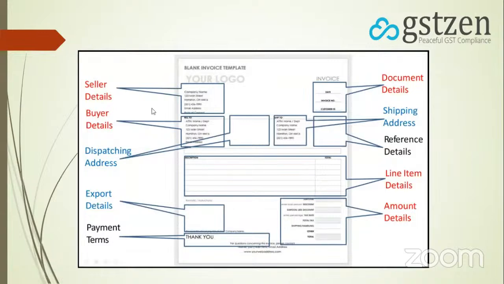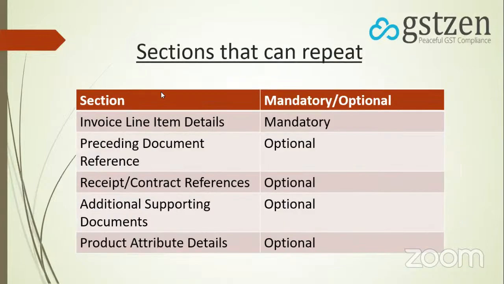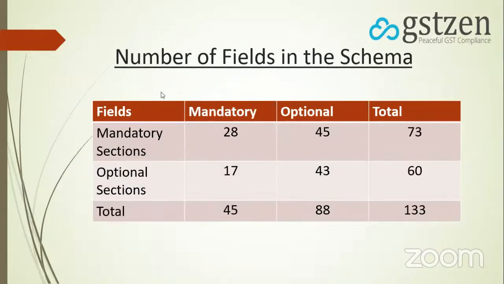Even though the seller details are mandatory, not all fields within the seller details are mandatory. So you have mandatory sections and optional sections, plus the fields within the mandatory section as well as optional.